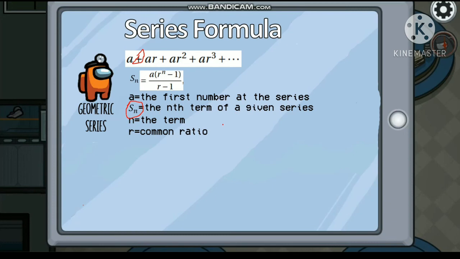The ratio, it's the same as how we get the common ratio in the geometric sequence: r is the second term of the given series divided by the first term. Okay, let's move to the example.